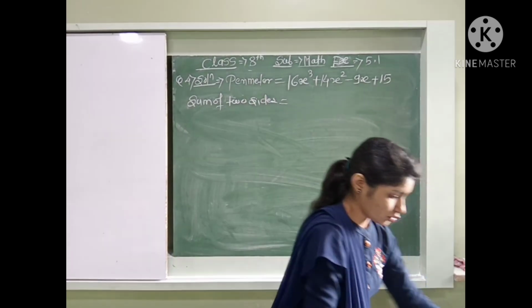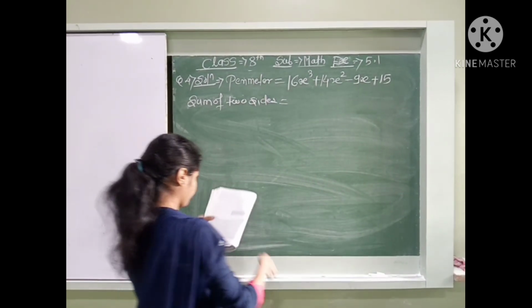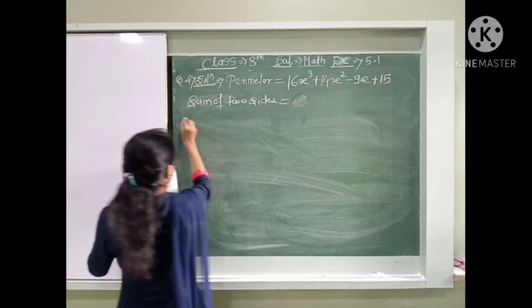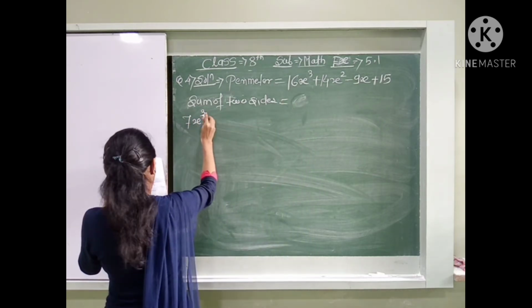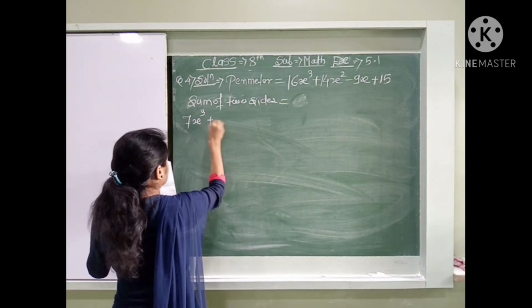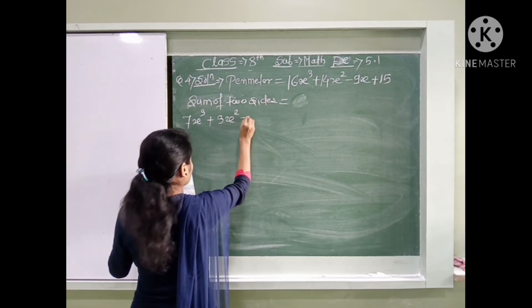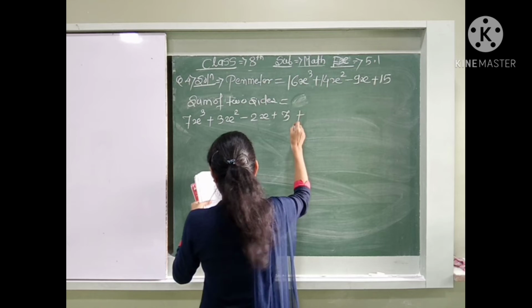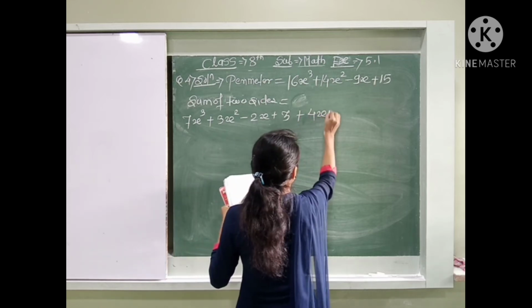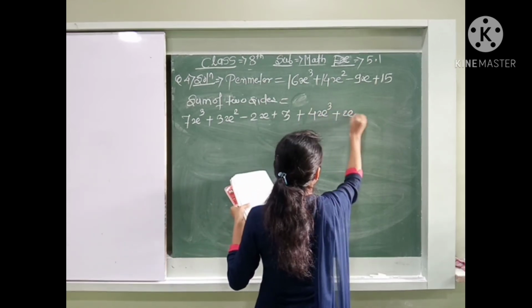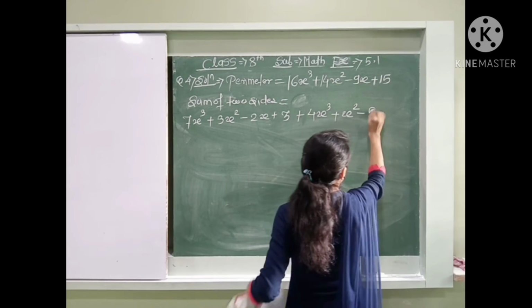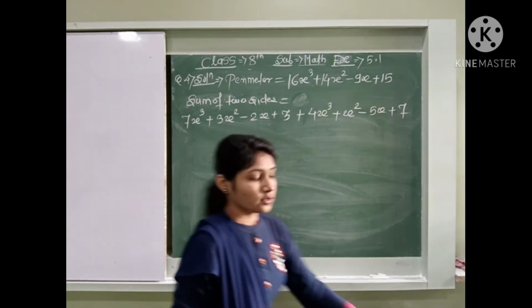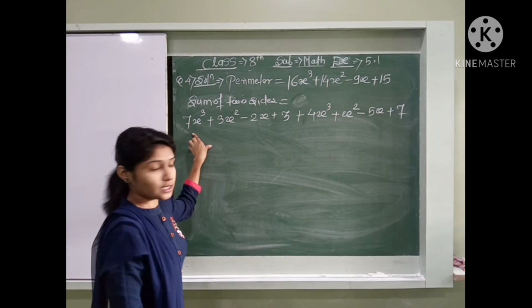Okay student, which two sides? 7x cube plus 3x square minus 2x plus 3, plus 4x cube plus x square minus 5x plus 7. Now find the sum.